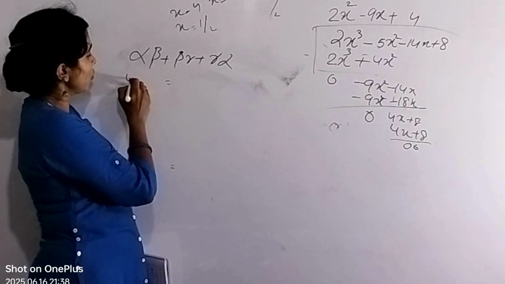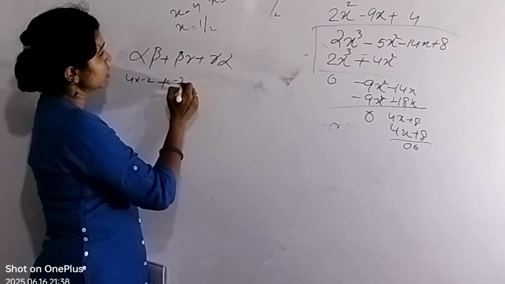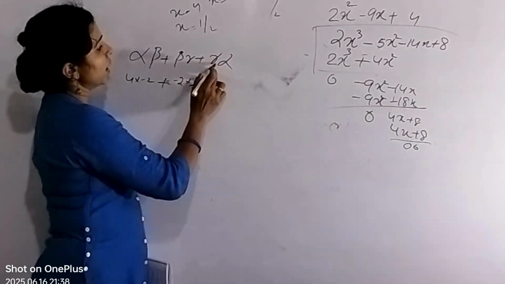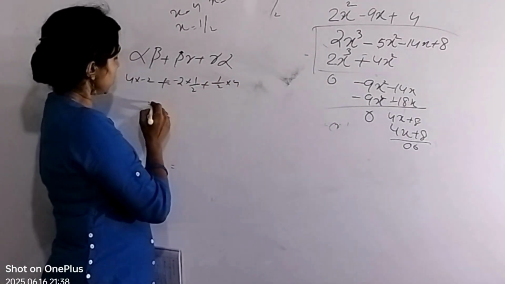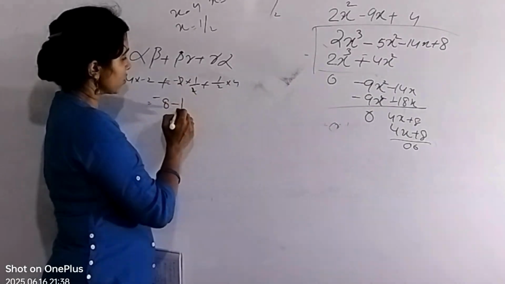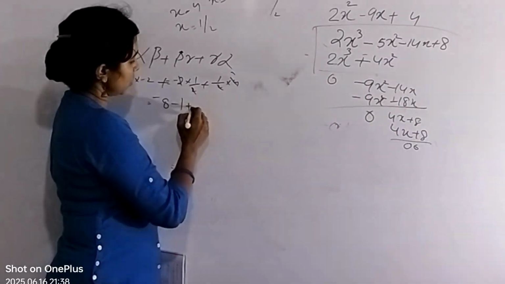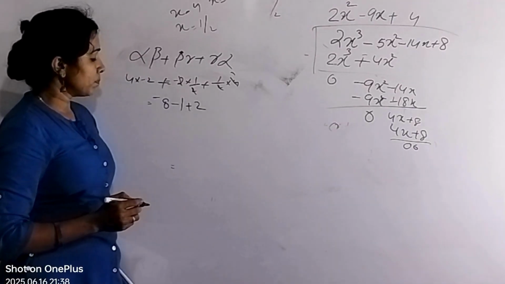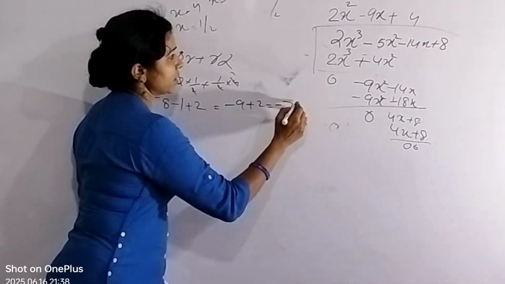Alpha beta, that is 4 into minus 2, plus beta gamma, that is minus 2 into 1 by 2, plus gamma alpha, that is 1 by 2 into 4. We get 4 into minus 2, minus 8, then minus 2 into 1 by 2, that is minus 1, and here 2. So minus 8 minus 1 plus 2 is equal to minus 7.